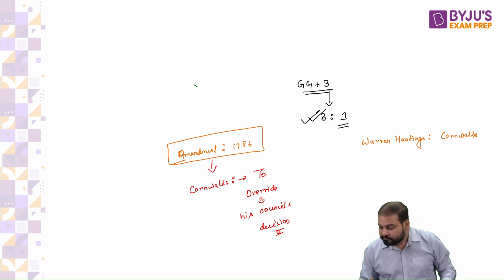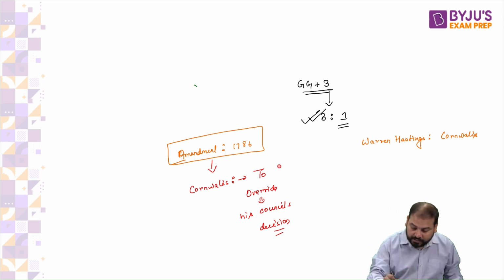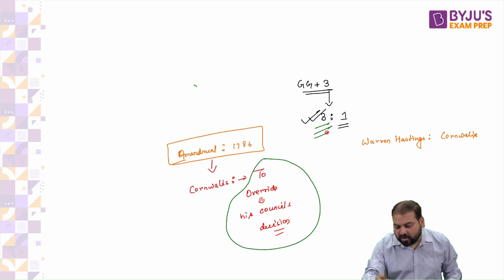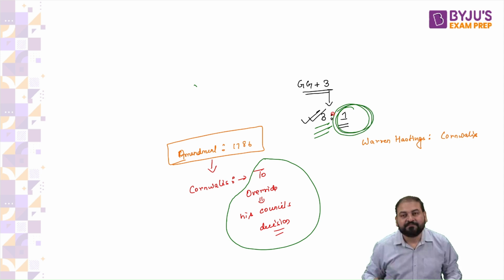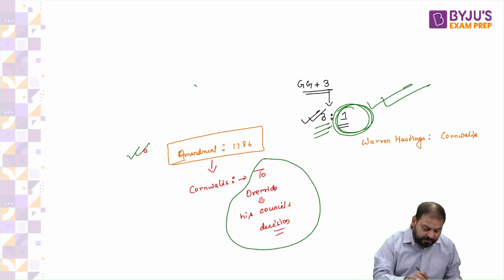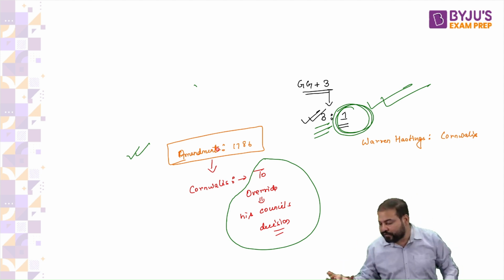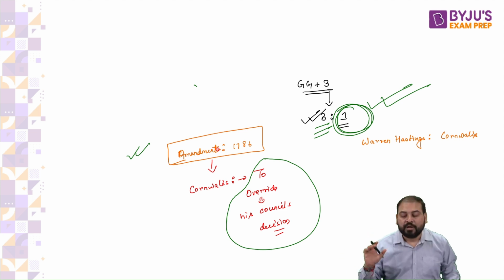Everyone, is this clear? Now, even if the three are on one side, and the Governor General on the other side, who will win? Everyone, is this point clear? Amendment of 1786, is this clear? He has basically, in simple words, the veto power. Whatever he feels correct, the other three members do not have that power.